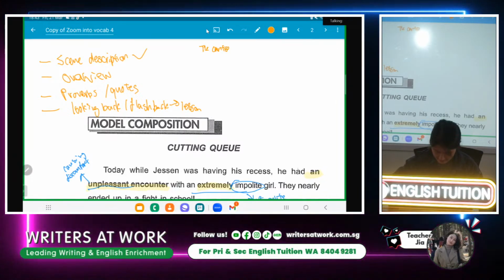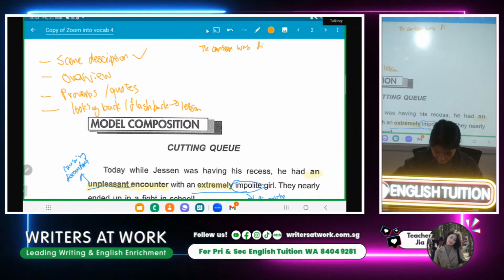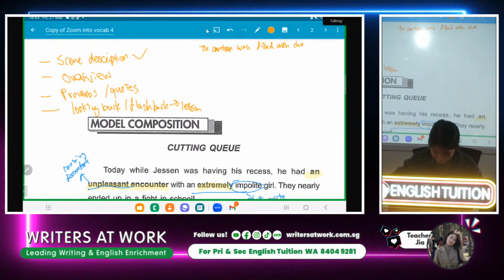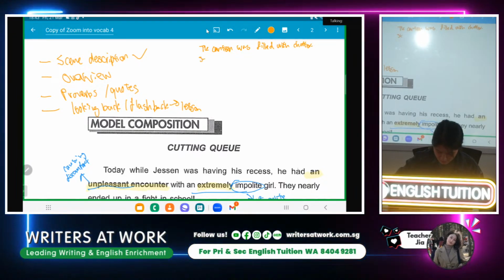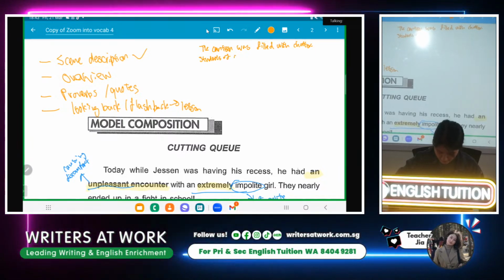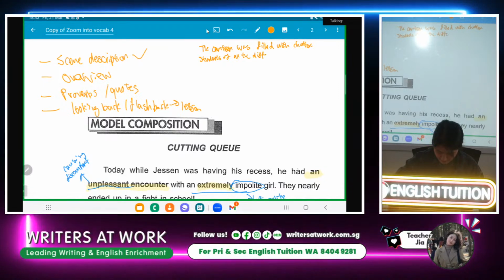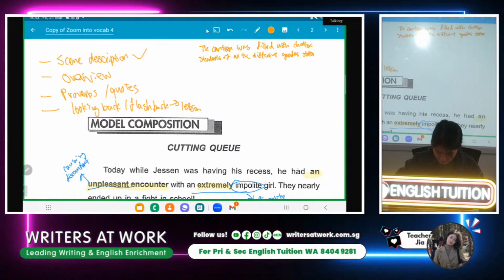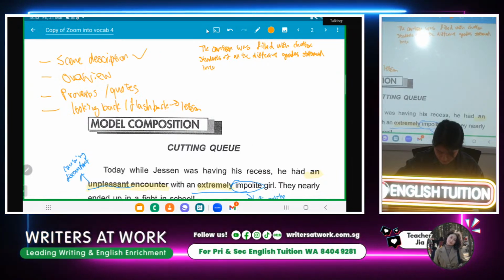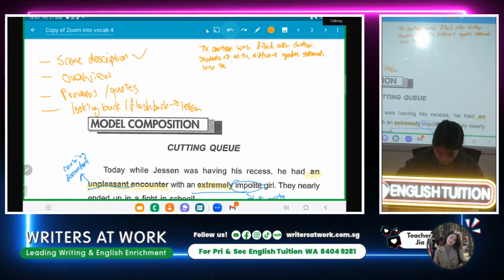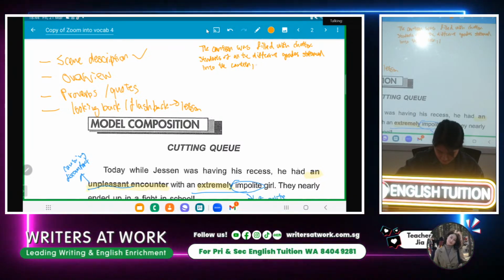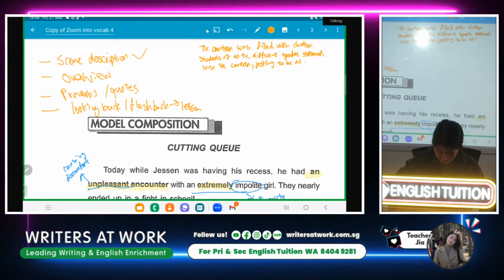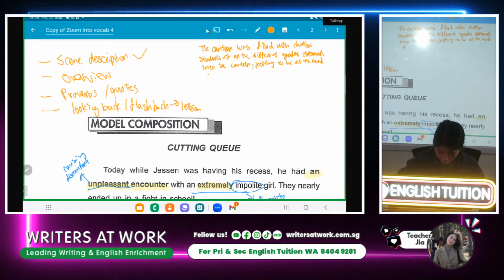The canteen was filled with chatter. Students of all the different grades streamed into the canteen, jostling to be at the head of queues.